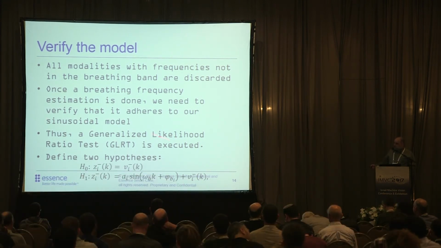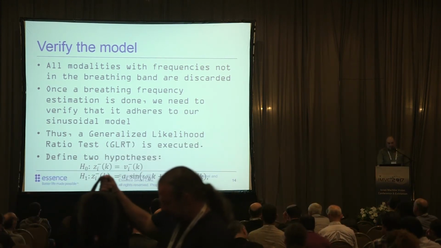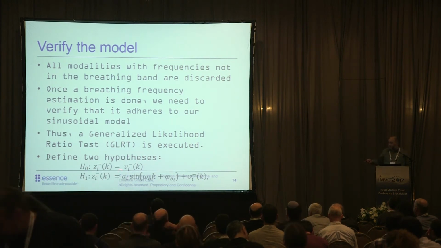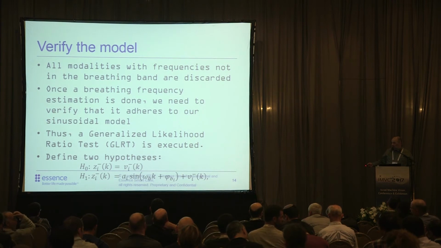For this, we developed a generalized likelihood ratio test, GLRT, which is a simple statistical test differentiating two hypotheses. The null hypothesis is that we observed only noise, and once we reject this hypothesis, we have our sinusoidal model.